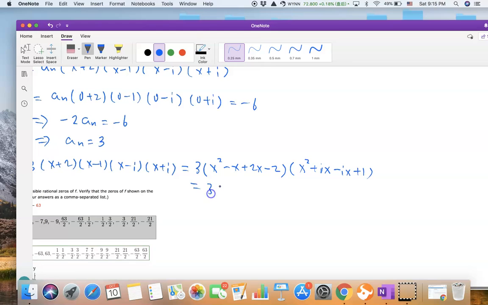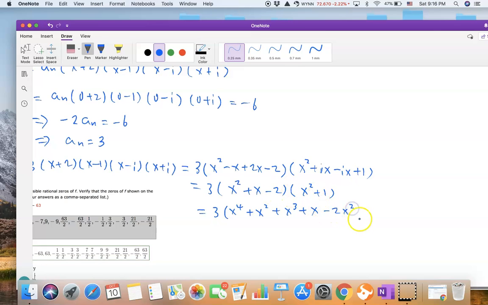So I'll get 3 times x squared plus x minus 2 times x squared plus 1. And then positive ix and negative ix cancel out. So I'm going to have 3 times x to the 4th plus x squared and x times x squared, so x to the 3rd, x times 1 is x, -2 times x squared minus 2x squared and minus 2.